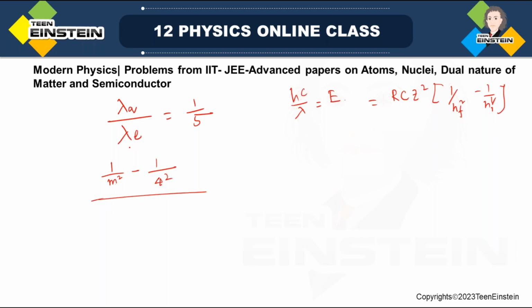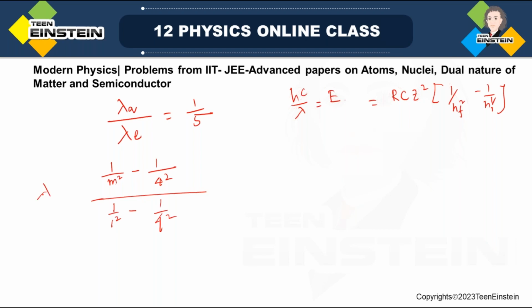Lambda e means 1 over lambda e here, that means it will be coming here. So this is again 1 over 1 square minus 1 over 4 square. I hope you have understood this, because this is the case of absorption, and this is the case for emission.